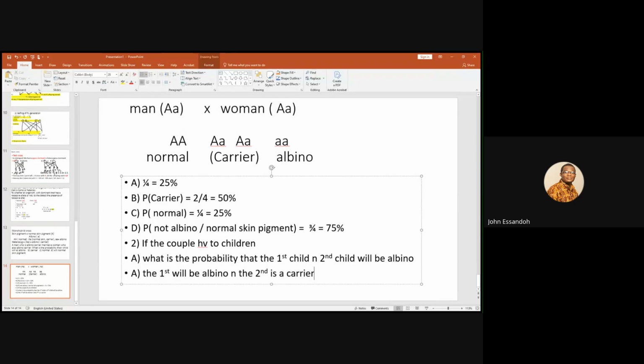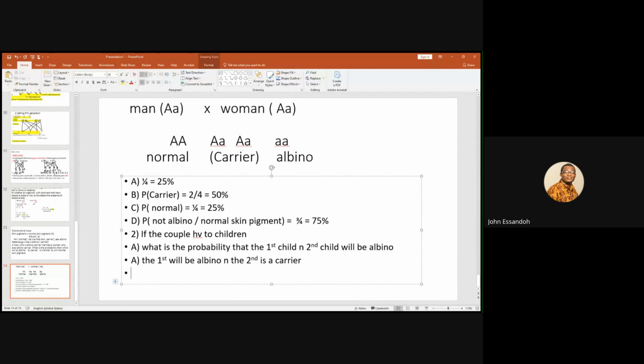All right. And the last one, C. Both children will have normal skin pigment.